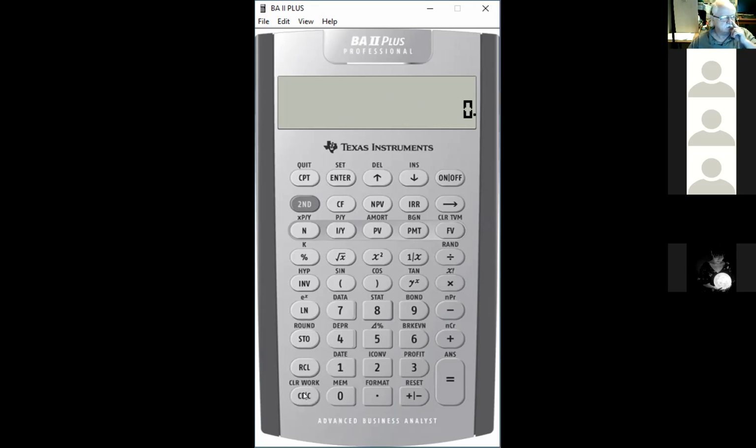I can't actually see the equation, so let's hope it works out. We did 1 plus recall 1, and then we took that to the power of y to the x, and we're only looking for 8 years, so 96 equals that.